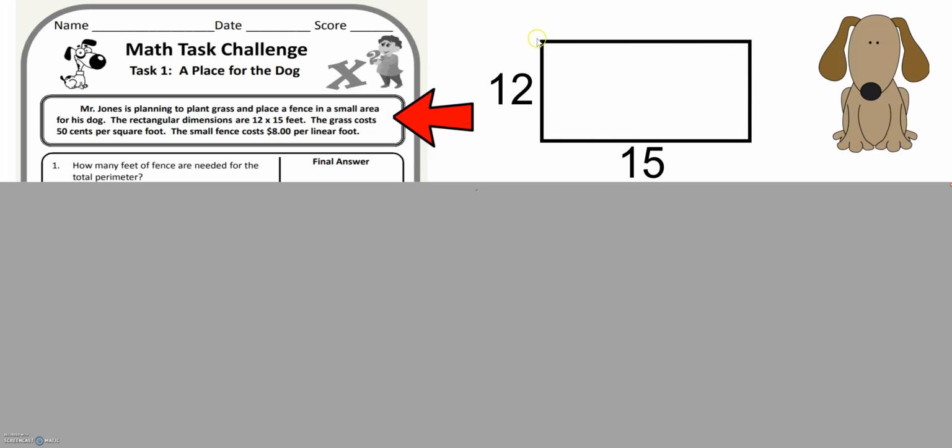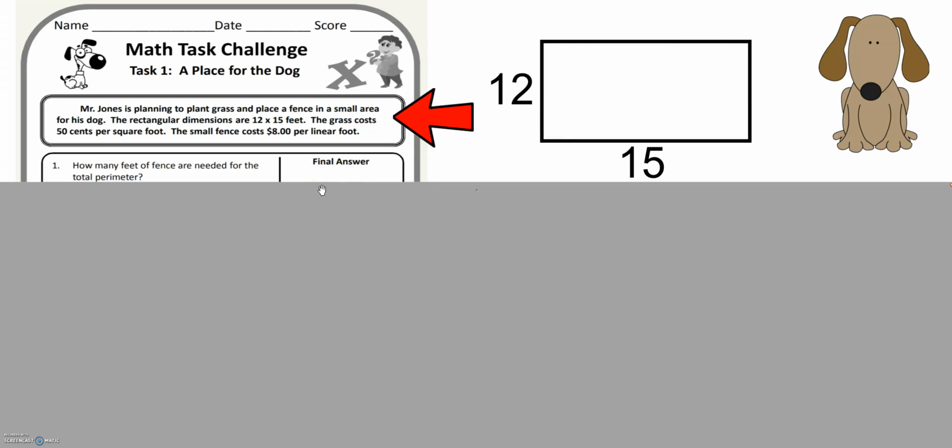I know this is a rectangle. I know that if this side is 12 feet, this side must be 12 feet. And I know if this side is 15, this side must be 15 feet.